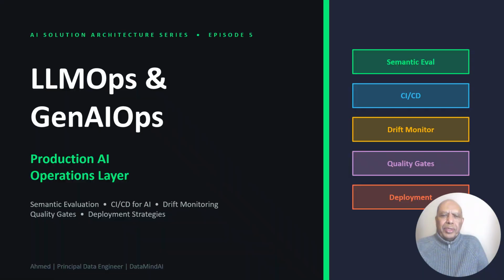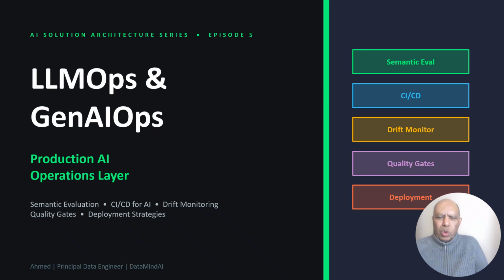Welcome back to the AI Solution Architecture series. Today we are going to tackle what I call the invisible glue of production AI, LLMOps and GenAIOps. So you have built your RAG pipeline. Your agents are working in dev.